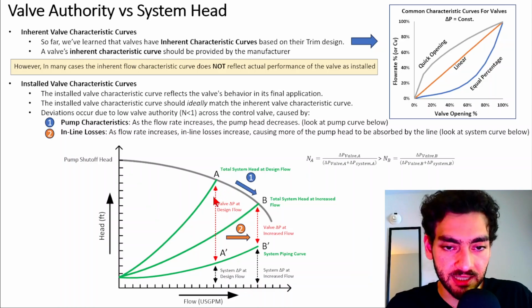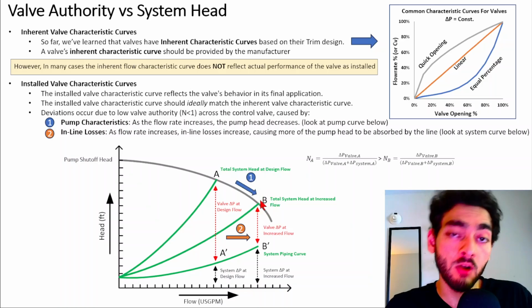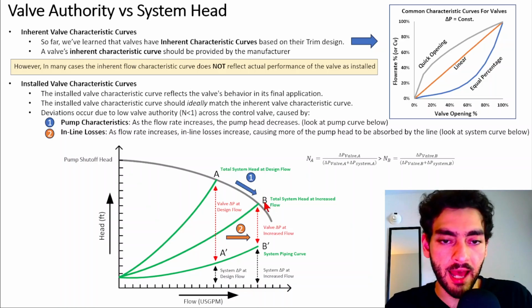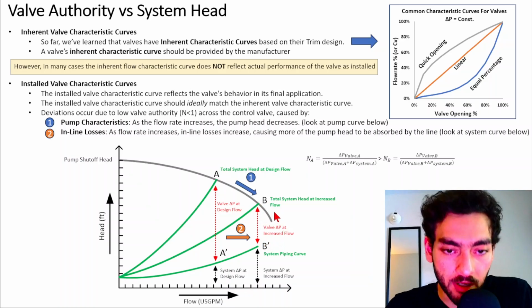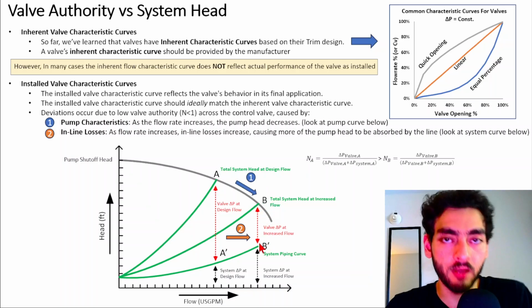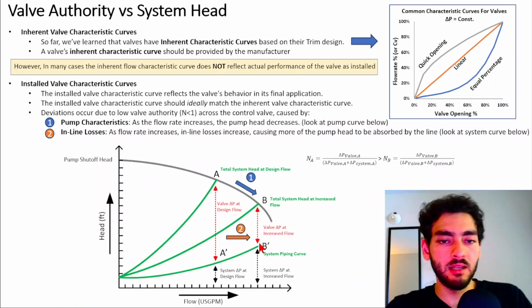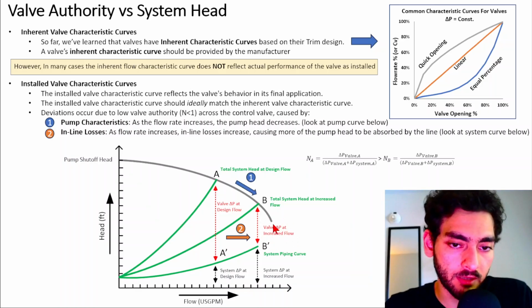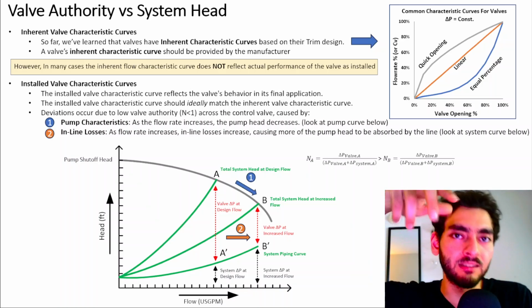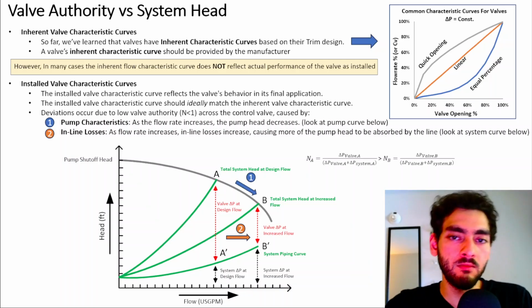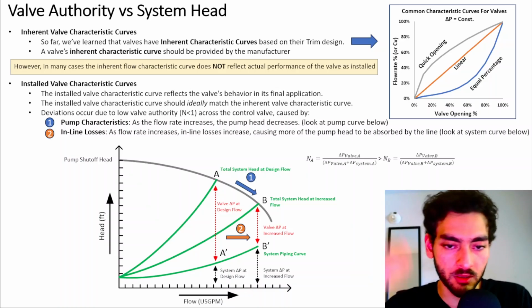And as you can see at point B, when you have a higher flow rate at a larger valve opening, the pressure drop of the valve, from point B to B naught, has decreased, even though you have a higher flow rate. That makes sense, because you just opened the valve a little bit more, and when you do that, the valve has less restriction and so less pressure drop across the valve.